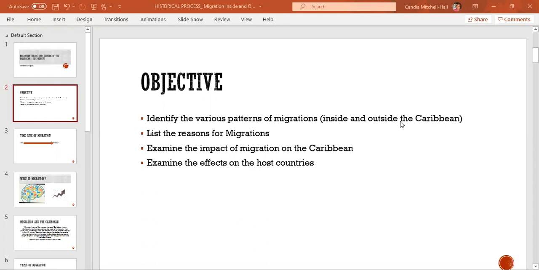Very good, excellent. So after the indentured workers came, what we're going to see in the Caribbean is people moving within the Caribbean from islands to islands and from territory to territory, and also migration out to outside of the Caribbean.